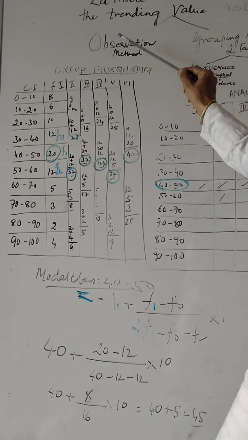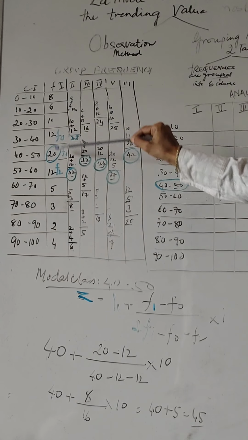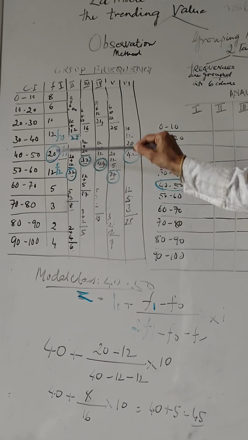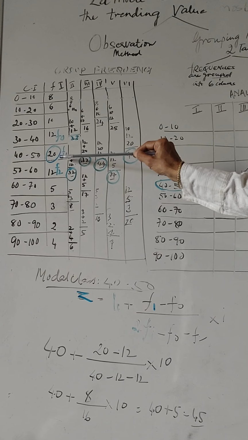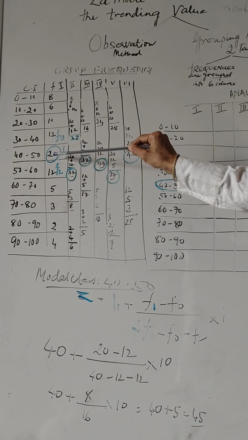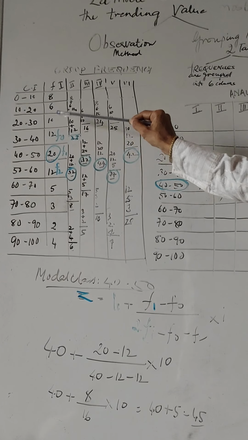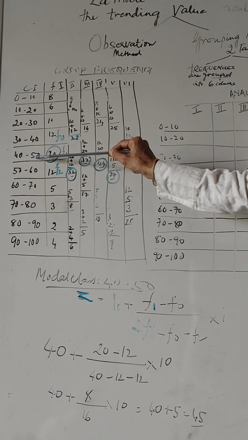So if you observe this, if you just look at the frequencies, what do you find? That the frequency which is the highest corresponds to which class interval? Yes, you're right, it is 20. 20 is the highest frequency and it corresponds to 40 to 50.